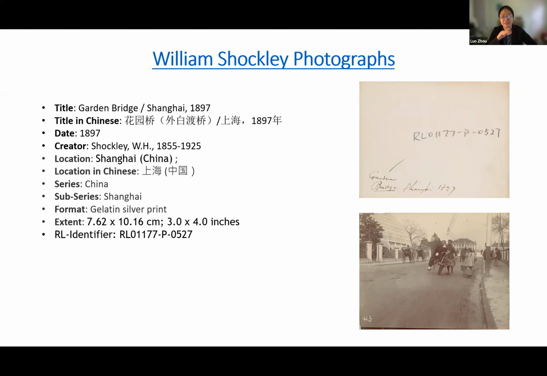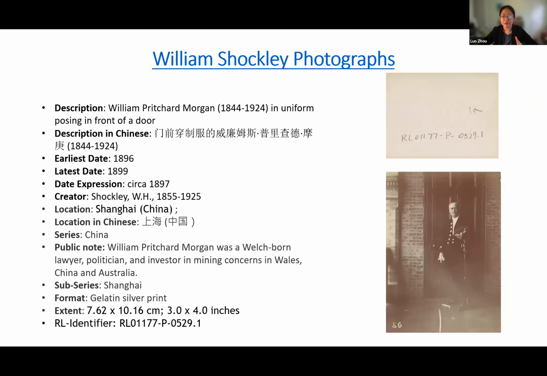The series is China, as I explained. The sub-series is Shanghai. The format is gelatin silver print, as I explained, and the size and everything. So this is a straightforward example. Let's look at another one from the same collection, still by Shockley. We have an old guy in a kind of uniform standing in front of a door.